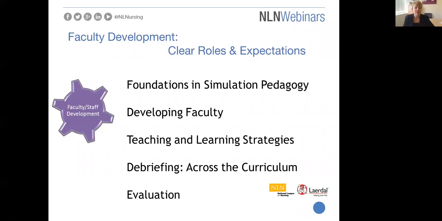Extremely important. And the other component in faculty development is evaluation. We evaluate students all the time, and simulation has pushed us now with standards to be very clear about how we're evaluating students in those learning environments and the development that needs to happen for consistency in the use of simulation as we formatively and summatively evaluate our students.